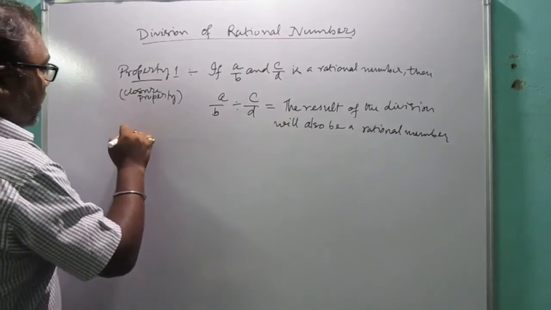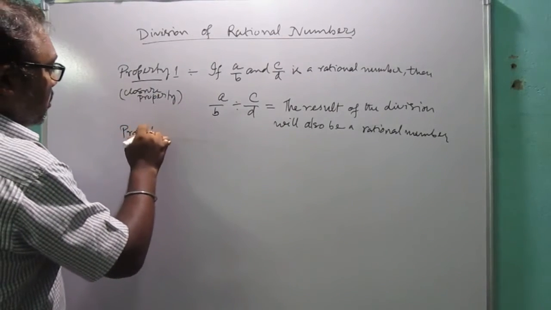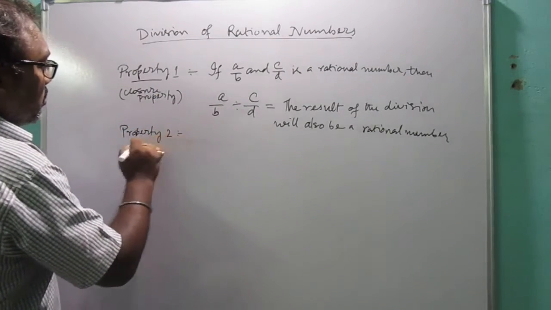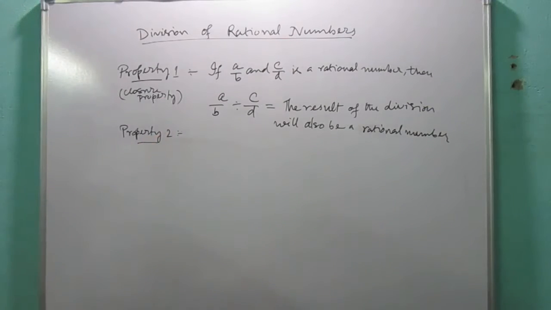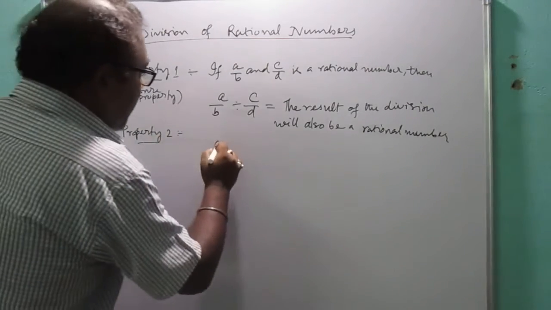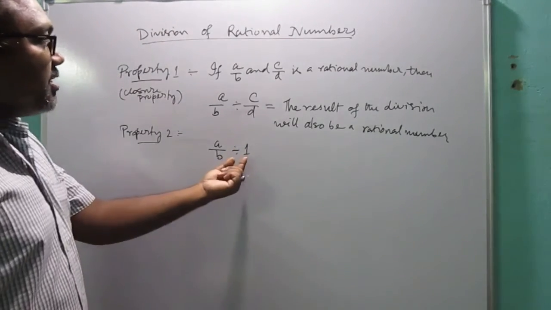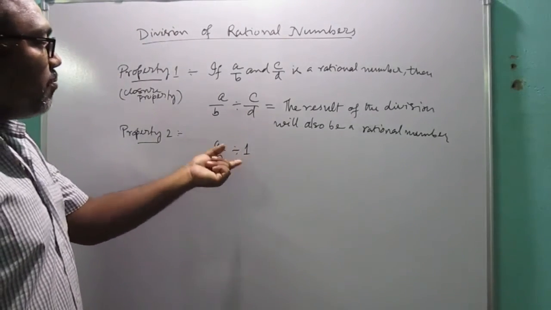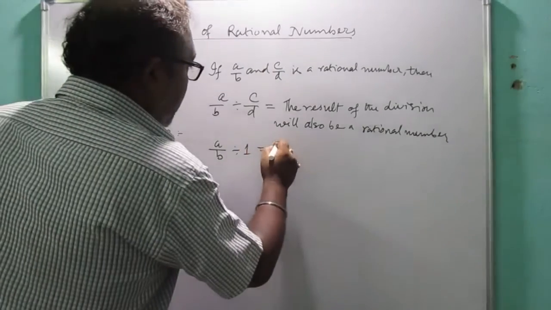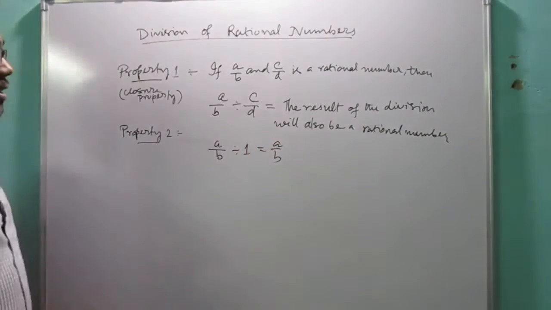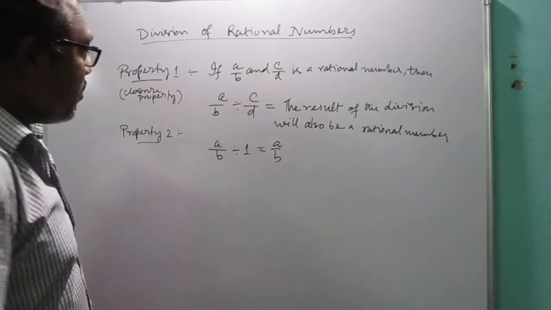Second property is property 2. Second property tells that if we divide a rational number by 1, so 1 is the divisor here. If we divide any rational number by 1, the result will be a by b only. Okay, that means it will give the same number only.